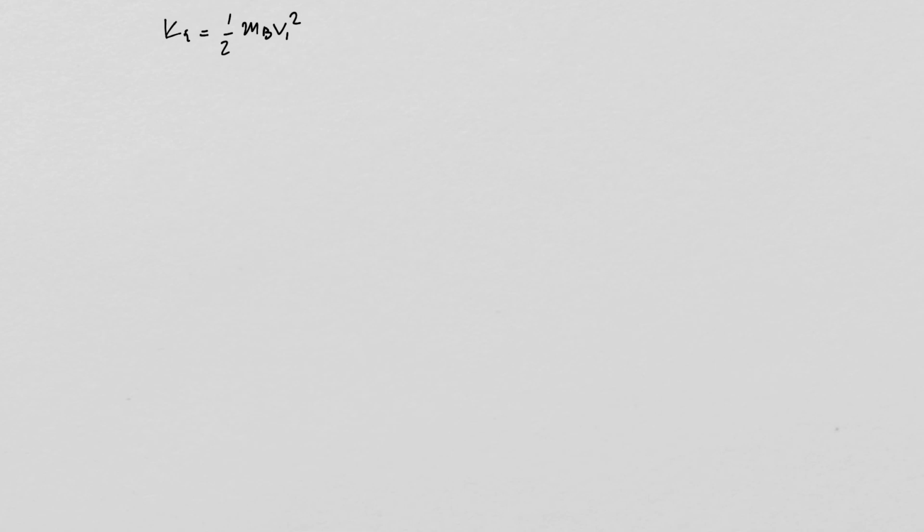Let's calculate the initial kinetic energy, which is just the kinetic energy of the bullet. So this is 1/2 times 0.005 kilograms times 307 meters per second squared. So that gives us 236 joules.